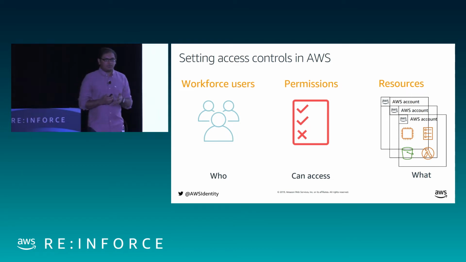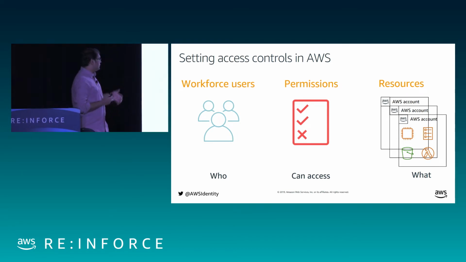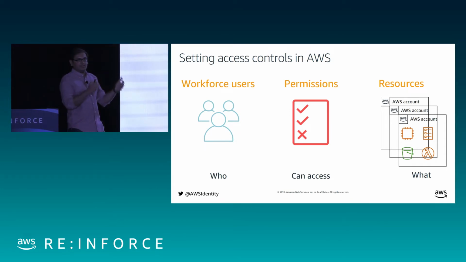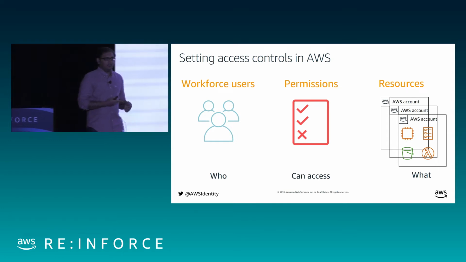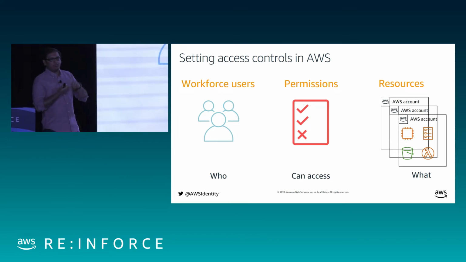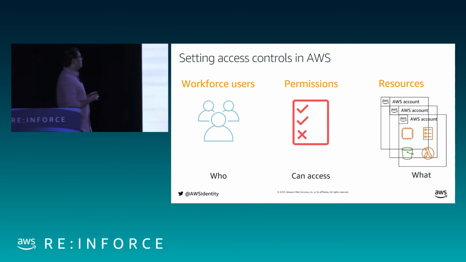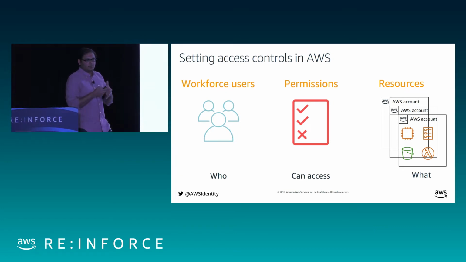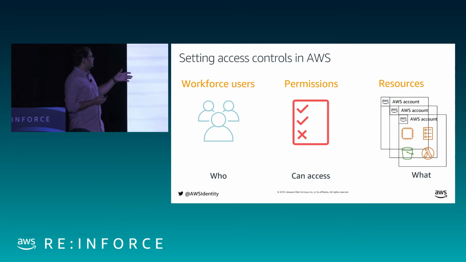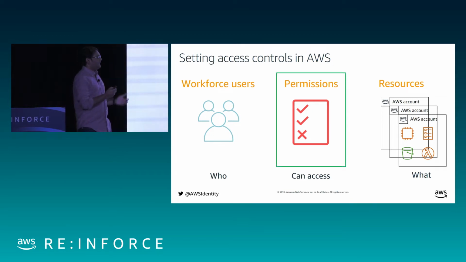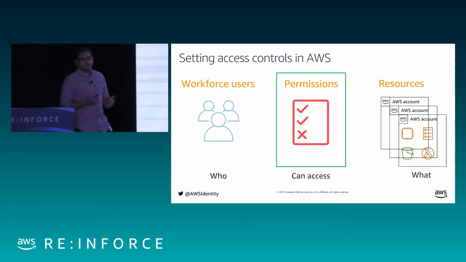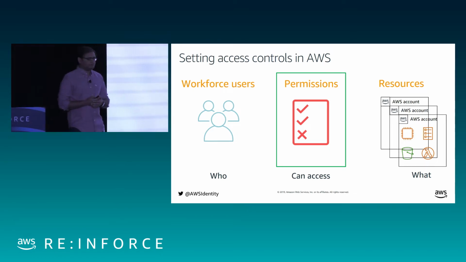Who can access what, right? The who is basically your workforce users, represented in IAM as either IAM roles or IAM users that you create. The can access part, which is the access controlling part, is what I'm going to be focusing on today. That defines who can access what. And finally, the what is the AWS resources that you create in your accounts.